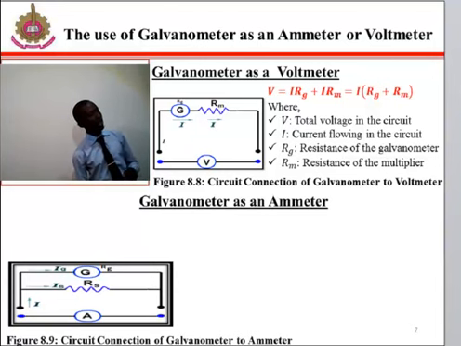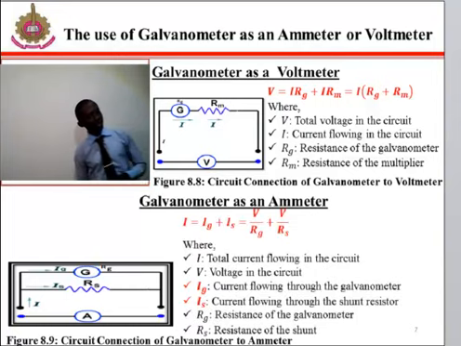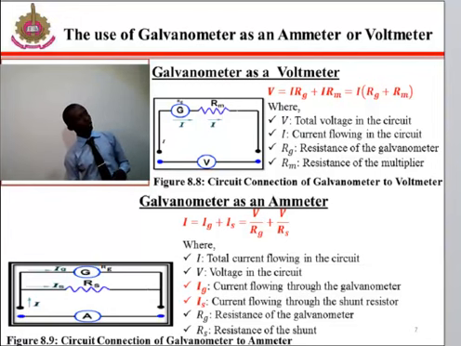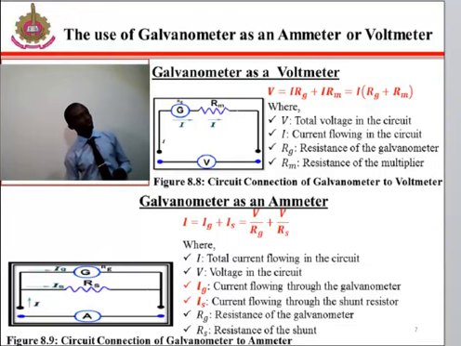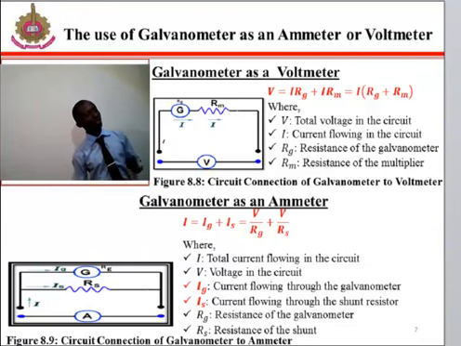From figure 8.9, by applying the techniques for resolving resistors in parallel, the total current I flowing in the circuit is given by I equals the current flowing through the galvanometer plus the current flowing through the shunt resistance, which equals the voltage V divided by the resistance of the galvanometer plus the voltage V divided by the resistance of the shunt.